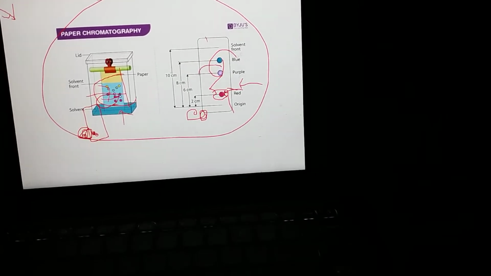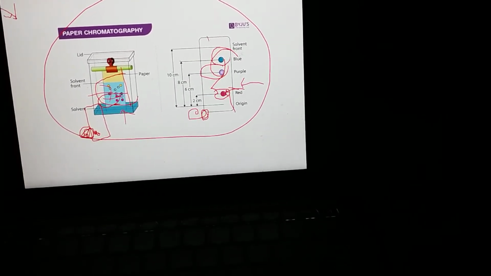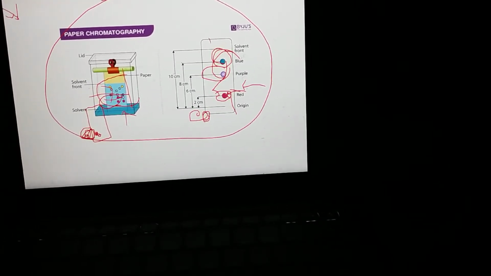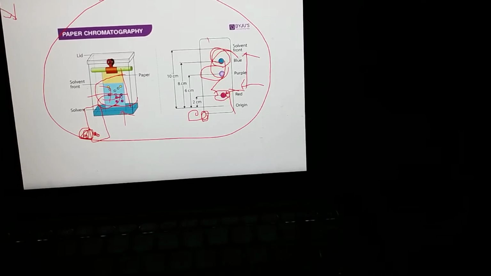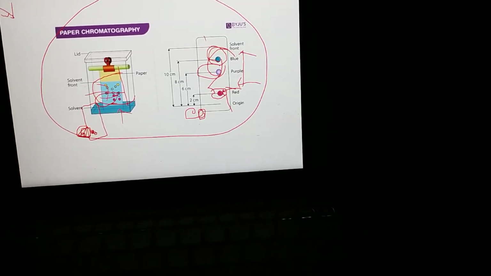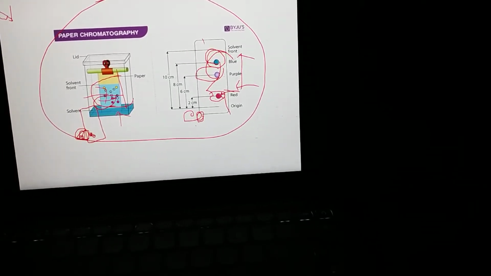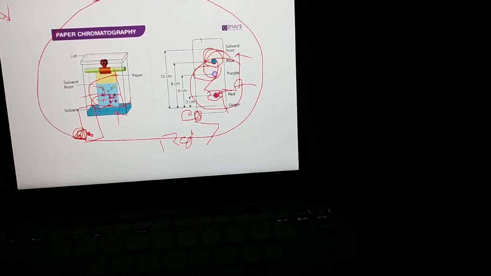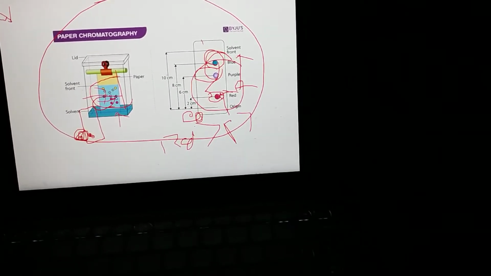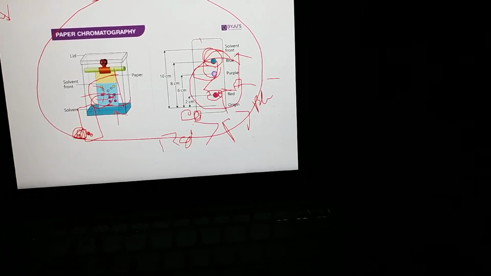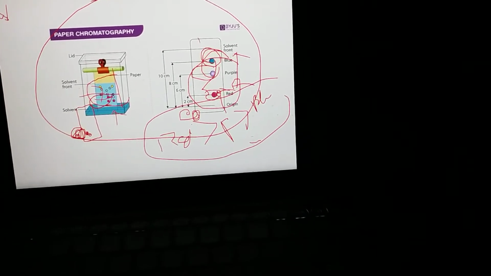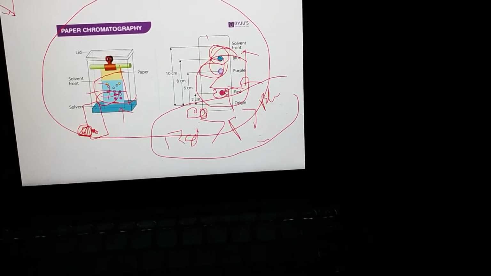But the third one has very little affinity towards the stationary phase, so that's why it moves to the top. The absorption capacity among these three compounds will be first red, then much more than purple, then blue. So due to the interaction of your component with the stationary phase, the spots arise like that. It is the basic concept.